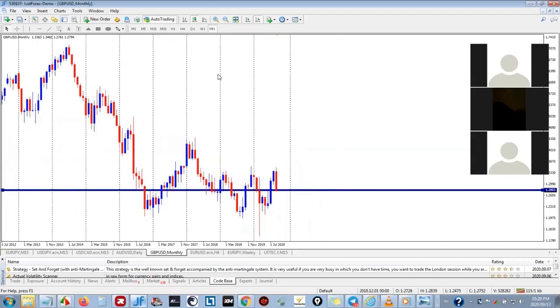Okay, let's find our area of supply in this monthly. In my eyes, this is an area that I believe is a monthly supply in control. Why is this a monthly supply in control?